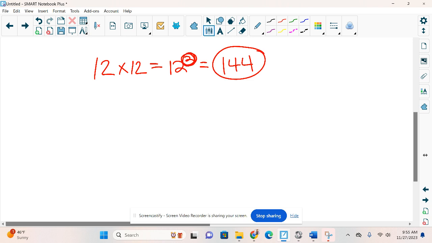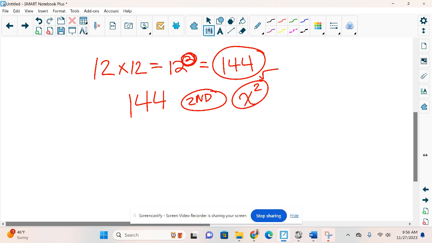Okay? So to test to see if it's a perfect square, you do 144 in your calculator. You would do the second button, and then there's a button that looks like this, because over the top of it, there's a little thing like that. That means square root.